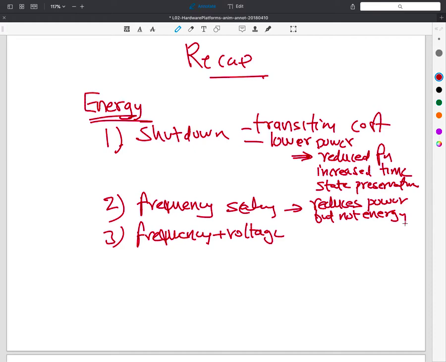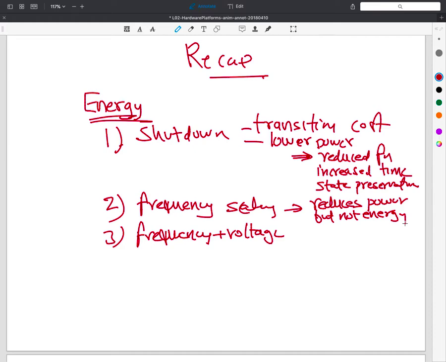But voltage gives us an additional knob, and the idea was that voltage has some relationship with speed, namely the higher the voltage, the higher the speed, and very crudely you can say proportional. That's not true, but let's say they are.